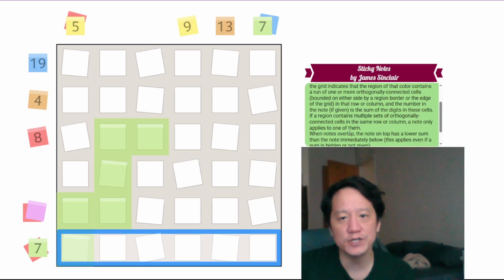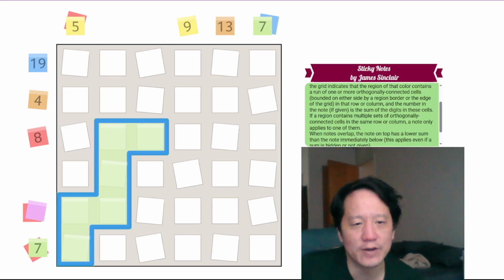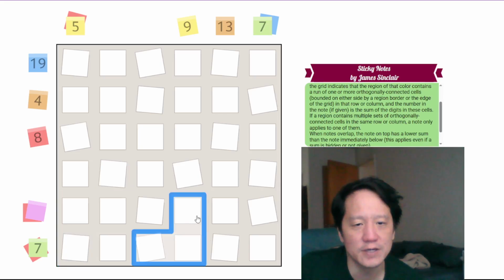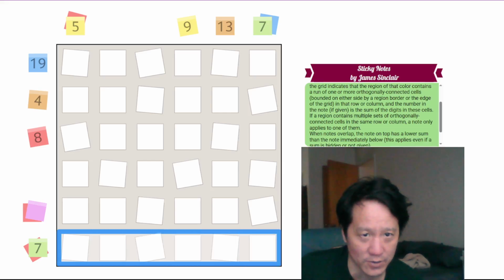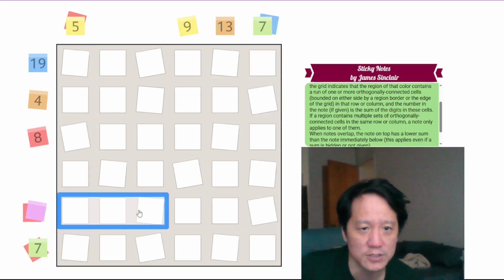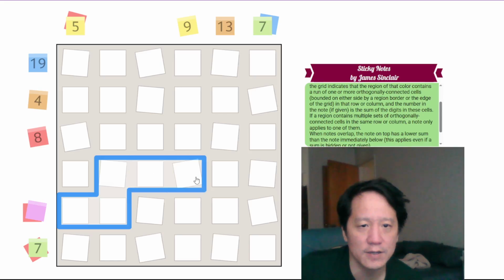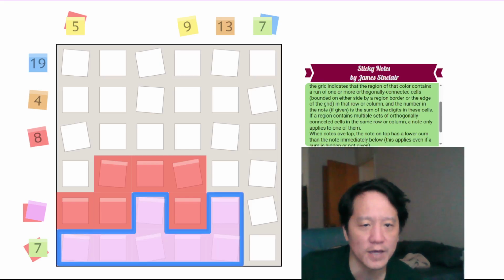And again, if a region contains multiple sets of orthogonally connected cells, so orthogonally connected just means, again, sharing an edge. Say you had something like red be like this, and then you had pink be something like that.